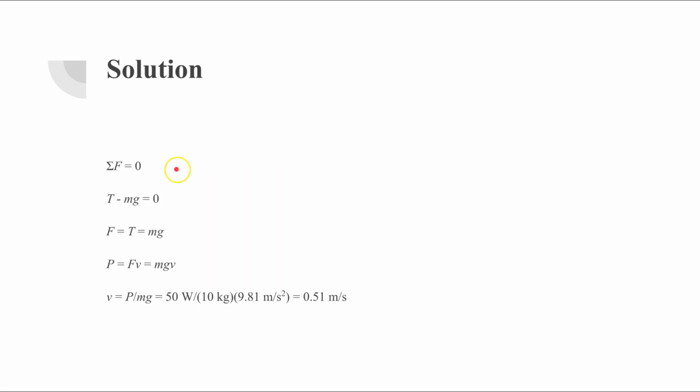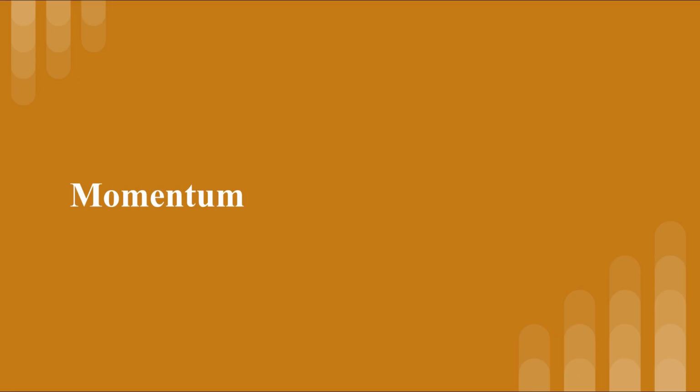We substitute mg for F. Dividing both sides by mg, we have V equals P over mg. So we have 50 watts divided by 10 kilograms times 9.81 meters per second squared, which is about 0.51 meters per second. So that's how fast your block will go up.